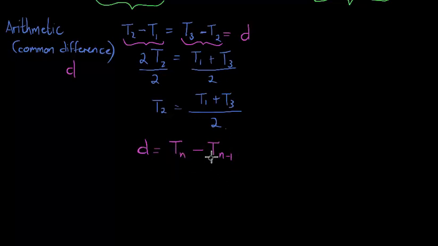Okay, that's important. Now if we consider term 1 is equal to A, so A doesn't have a formula, we just say A is the first term. Then the next term, term 2, is equal to A plus D, because the difference between them must be D. So if I subtract these two, A minus A and I will be left with D. You see that's the difference.